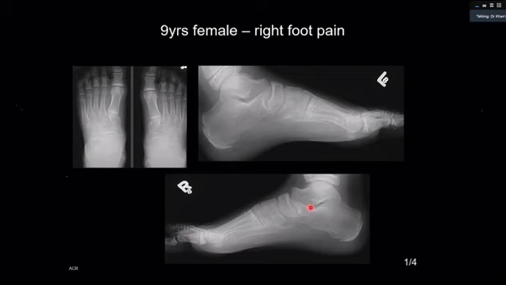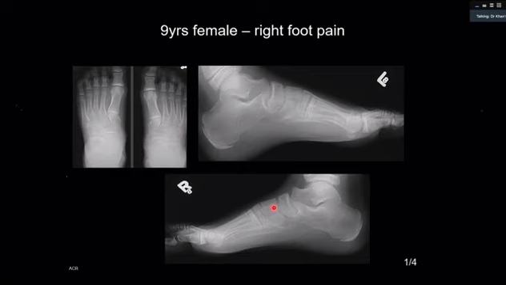So the eye sees what the mind knows. As soon as you pick this up and look at the age, young children, adolescents, or young adults, then your mind goes into, it can be either calcaneonavicular or subtalar.